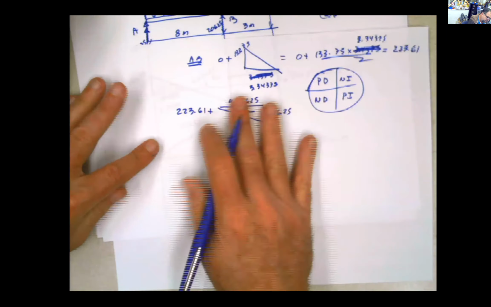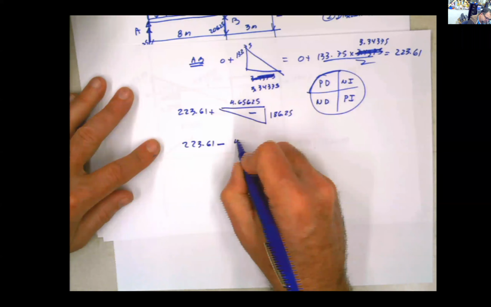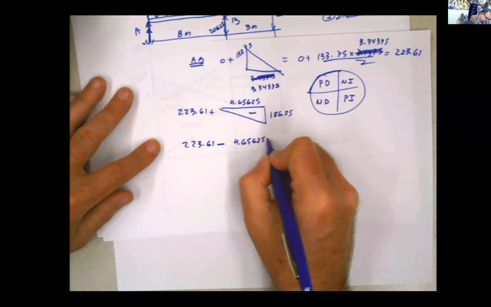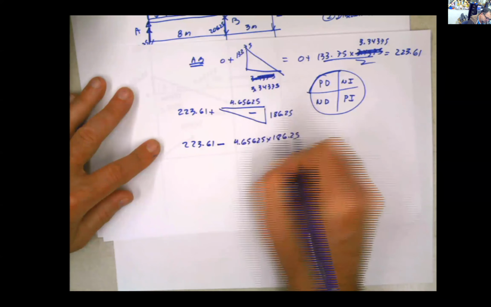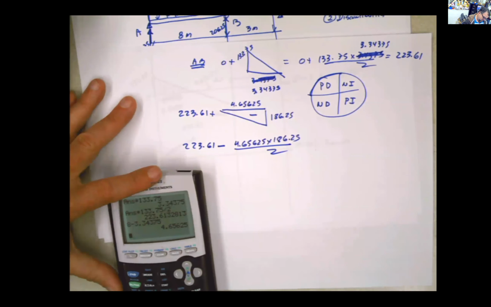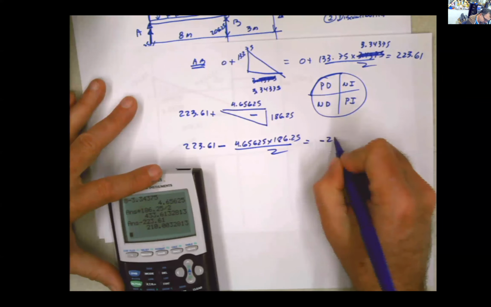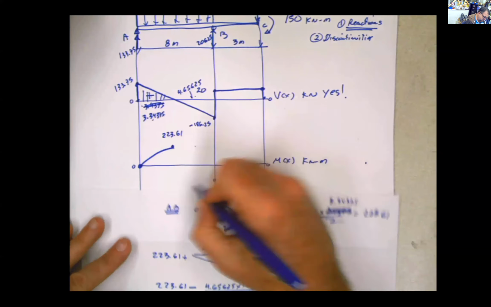So 223.61 minus this area divided by 2. That's negative 210. That means that I'm going to reach this point here, negative 210.